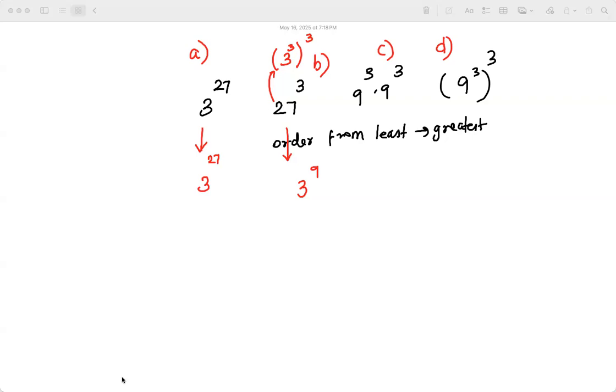Is my answer correct? I'll check. Both have different answers, guys. Viraj and Sarvata.